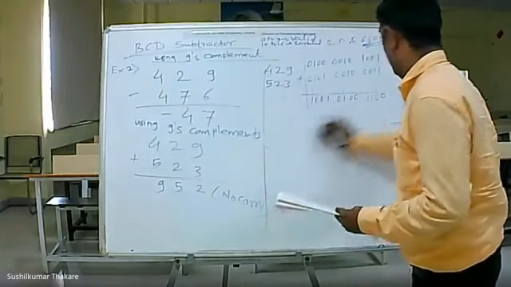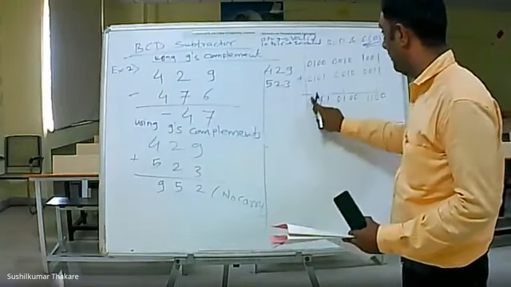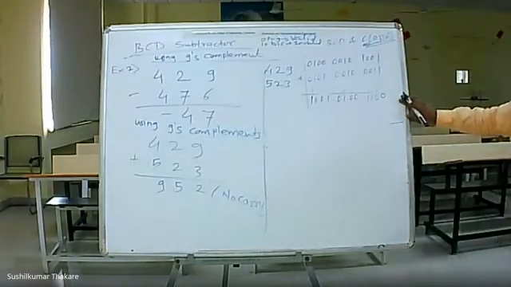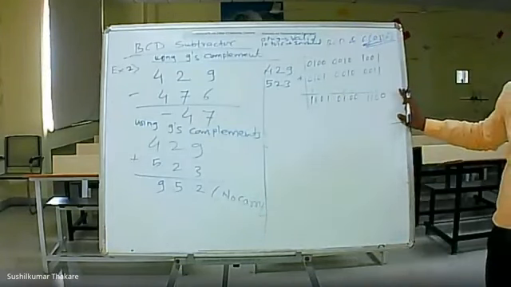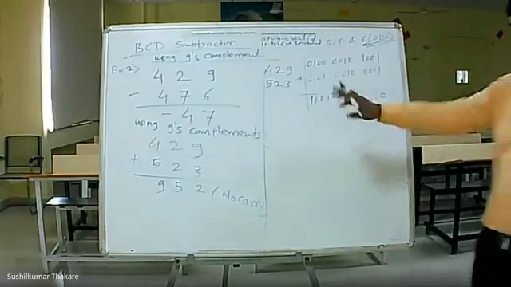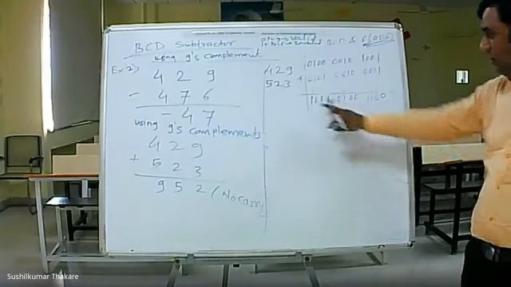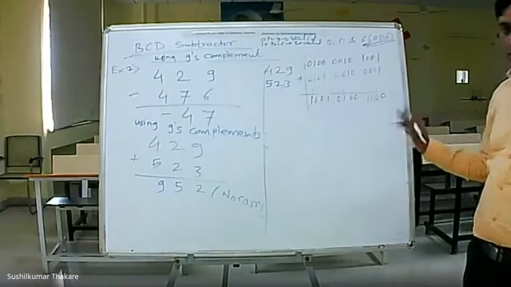So again, in this case no carry is generated. Got it up to this? Any doubts? Same steps repeated, only the example is changed. But in this example there is no carry, whereas in the previous example carry was available.